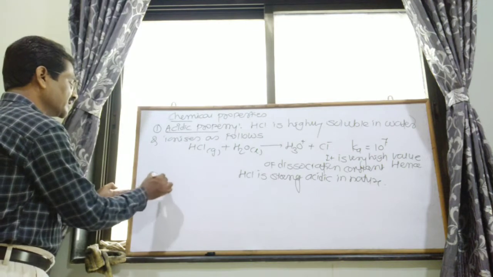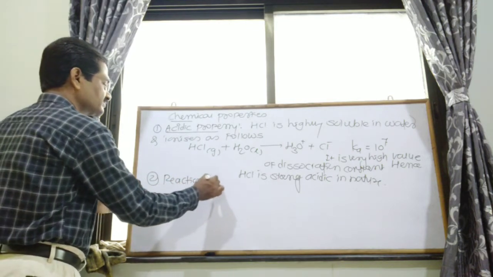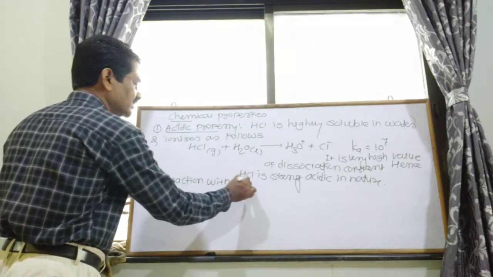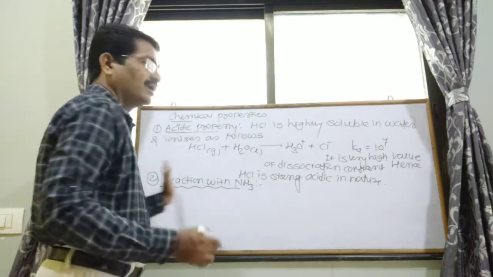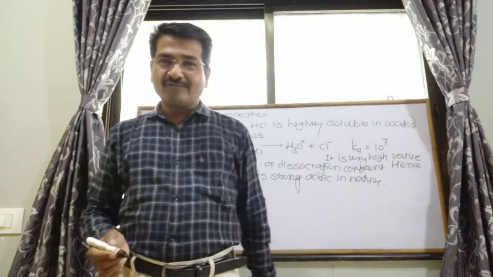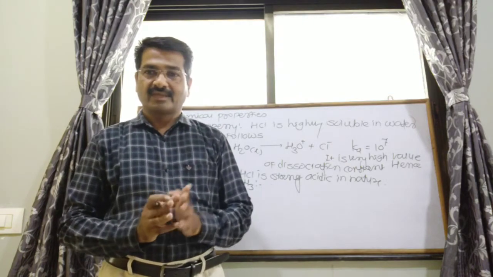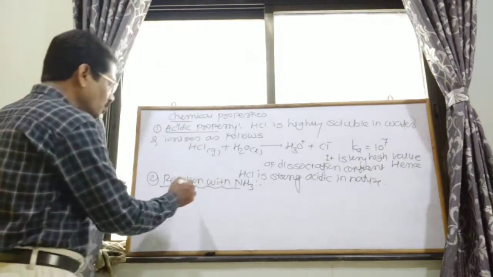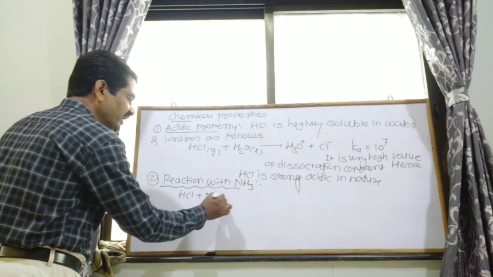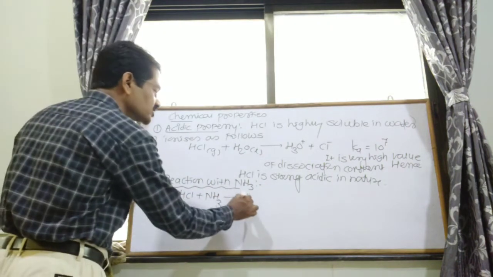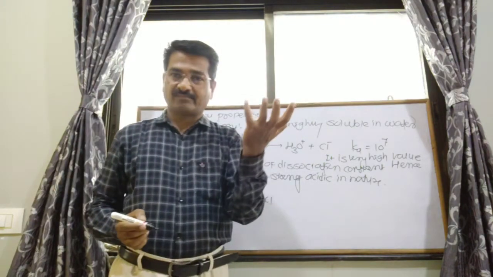Then the second chemical property is the reaction with ammonia, that is NH3. How does hydrochloric acid react with ammonia? Whenever hydrochloric acid HCl reacts with ammonia, it gives NH4Cl, ammonium chloride.